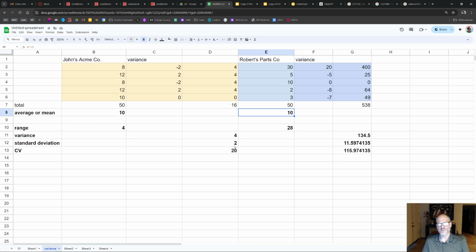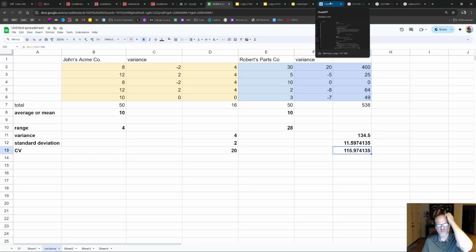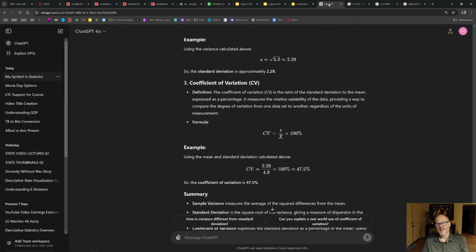But if we had different means, we'd be able to compare them by getting the coefficient of variation. The coefficient of variation is the standard deviation divided by the mean. So if the standard deviation was 10 and the mean was 5, it would be 2, right? And so it gives us a scale which can be compared between different data sets of different values.